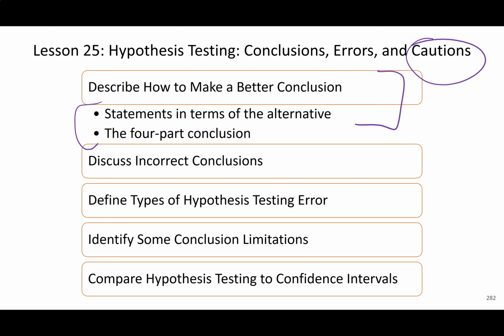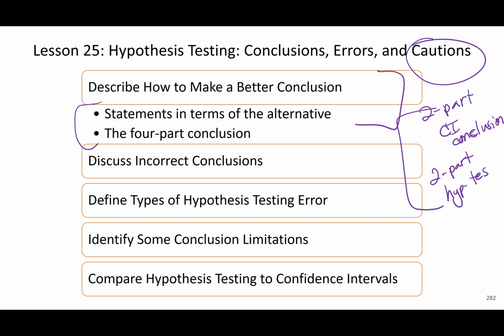So we had a two-part confidence interval conclusion and a two-part hypothesis test conclusion. The four-part conclusion is just combining them together. And then we're going to talk about types of error. That can be a little fun sometimes. We're going to talk about some limitations and have a comparison of hypothesis testing and confidence intervals.